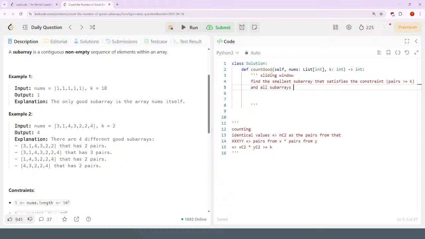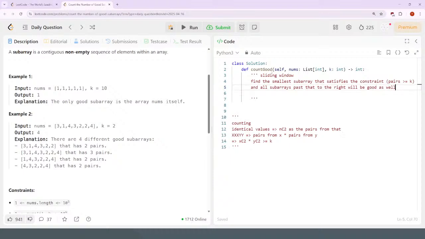It's going to double count and stuff. Yeah, okay, I see. So all subarrays past that to the right will be good as well.